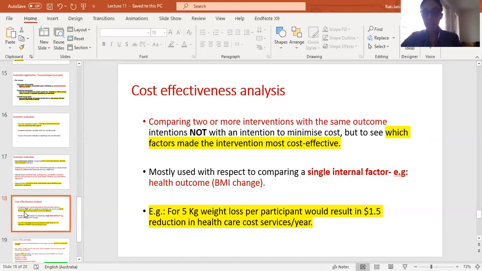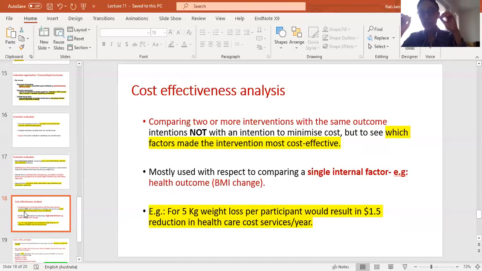And the main factor, the main outcome of your intervention which you want to see at the end, is how much less it will cost the healthcare system. All right. So you have intervention B, intervention A. The main internal factor which you are measuring may be, say, dietary factors. You may be measuring mental health factors.